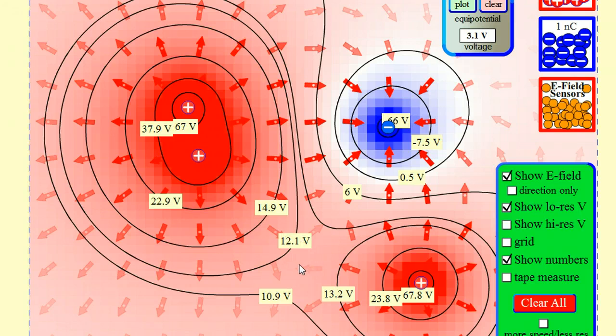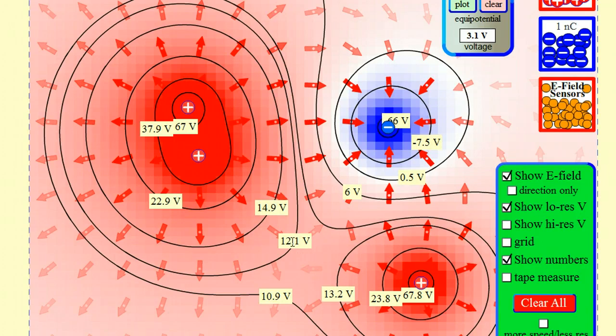And you can see that there's also a place in between these charges, the positive grouping in the upper left and the positive grouping in the lower right. We have this space where all the electric field vectors seem to be kind of pointing in towards the middle and sort of chaotic.